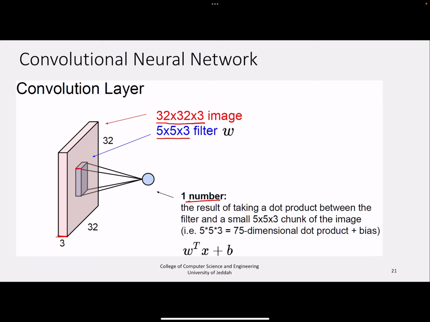For each output number, you'd be performing 5 times 5 multiplications times 3 because you have 3 layers. That's 25 times 3, 75 multiplications, so 75 products, and then you'd be adding them all up, and that's what gets you one output value of the filter.